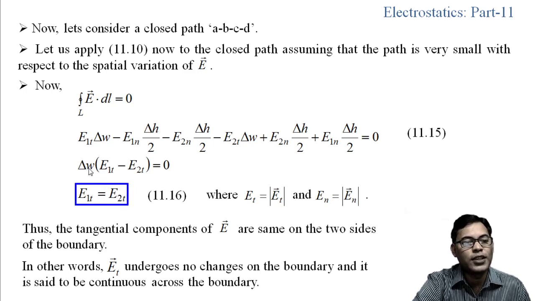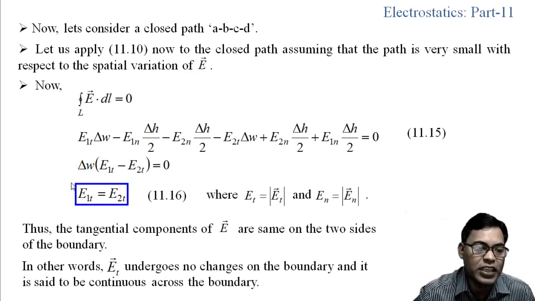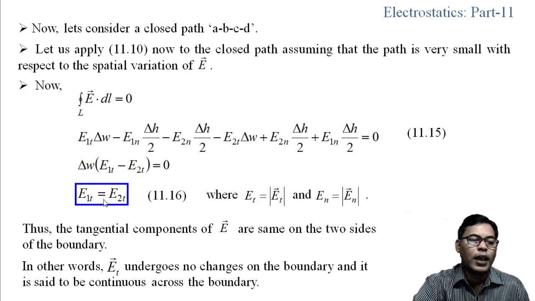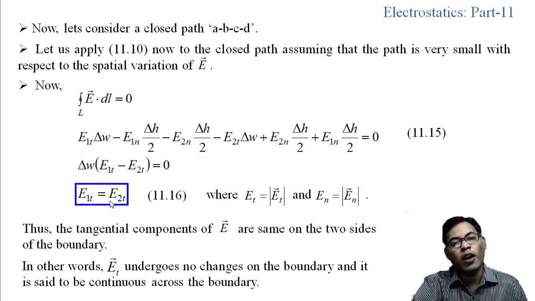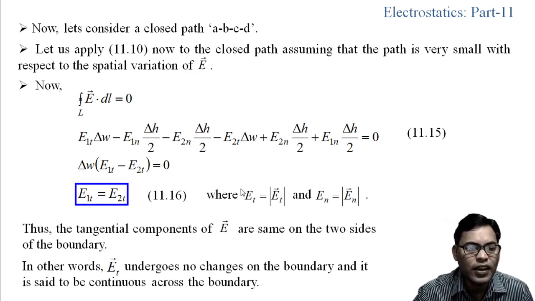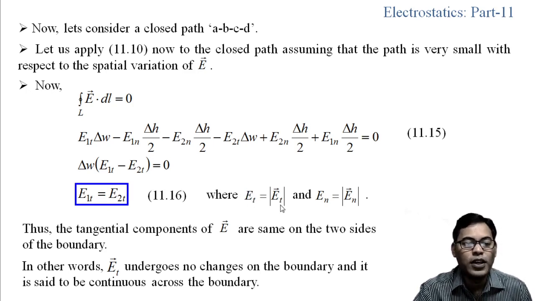So here you see that from this expression we are getting equation 11.16. This E1t equals E2t is one of the boundary conditions which we have derived now. Et, the arrow is not given here, which means it is the magnitude of Et, the tangential component of the electrostatic field.